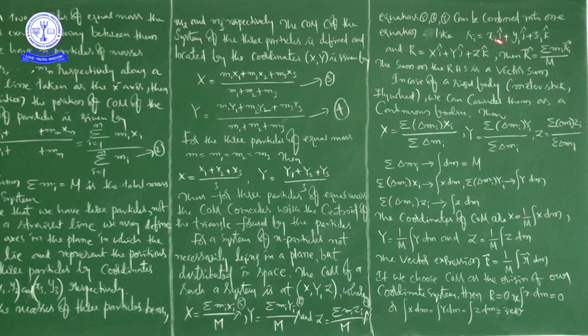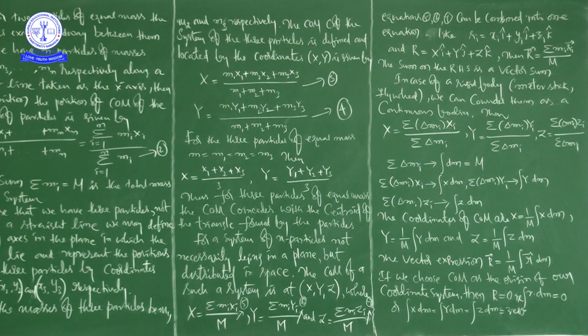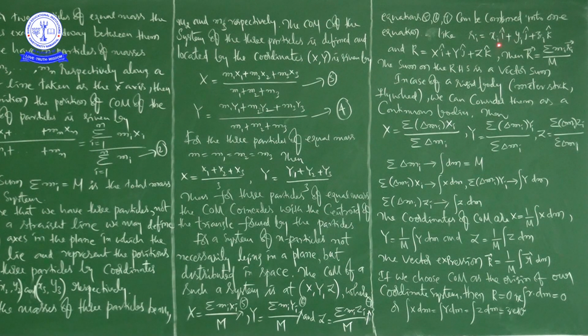How can we write? See here, equations 5, 6, 7 can be combined into one equation. Ri is equal to xi into i cap plus yi into j cap plus zi into k cap. That is what you can write. Okay. Next, see this one. Capital R is equal to, this is the position vector of the ith particle, right?